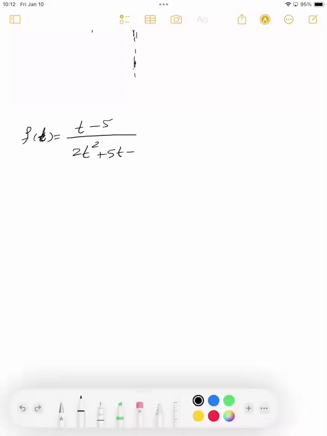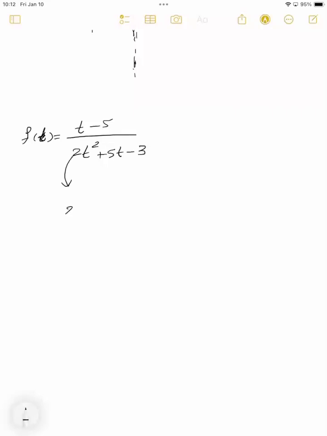Next question, we want to find the vertical asymptote again. We have f of t equals t plus 5 over 2t squared plus 5t minus 3. And for this one, again, to find the vertical asymptotes, we are going to set the denominator equal to 0.